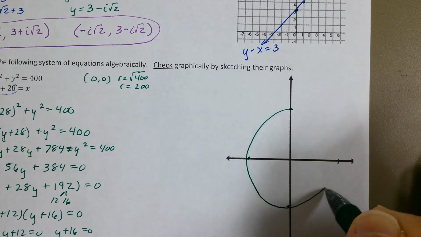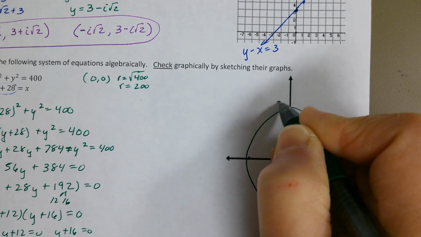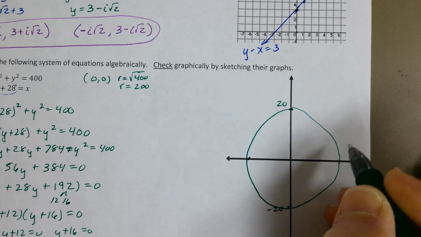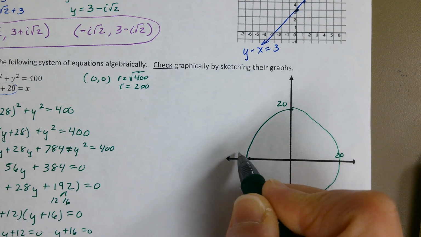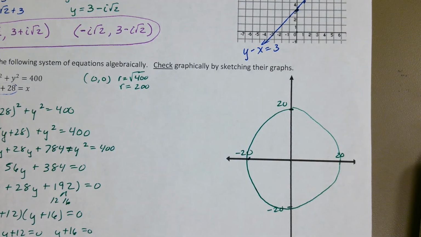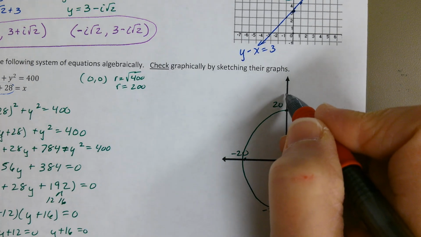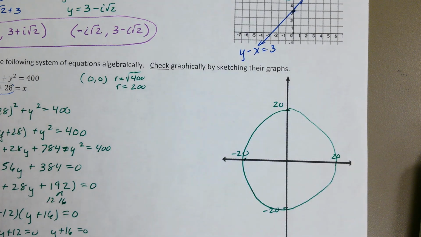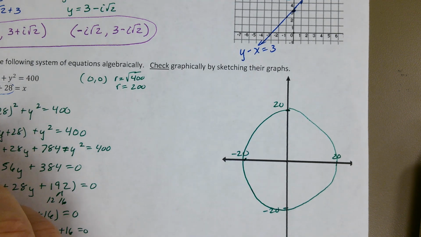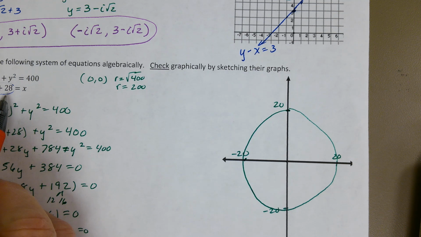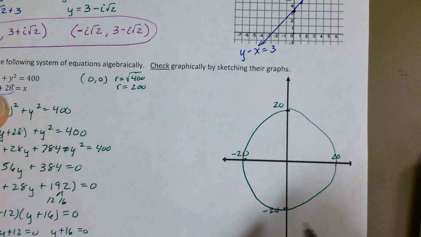Here's our circle. This is 20, this is negative 20. And our line has a y-intercept of 28, up here. Or sorry, our line has a y-intercept of negative 28.